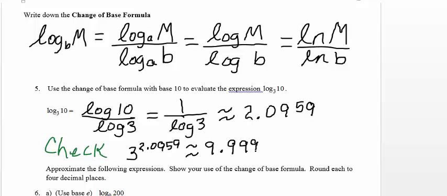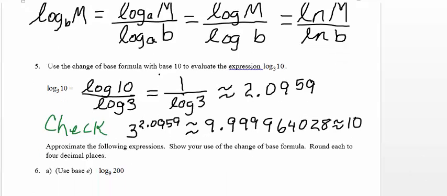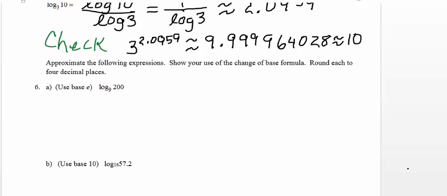Since I rounded that off, I get something close to 10, 9.99996408, and that is about 10. Okay, so the change of base formula allows me to use the bases available for calculation on my calculator.